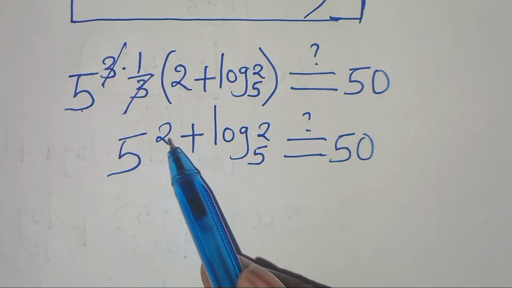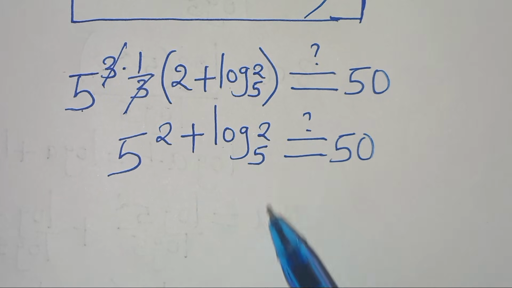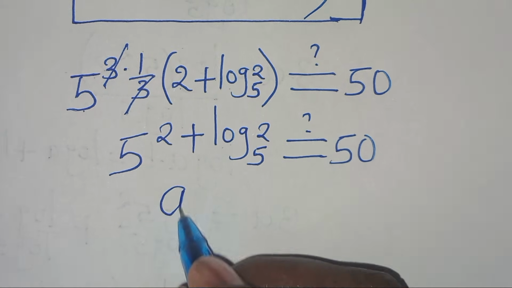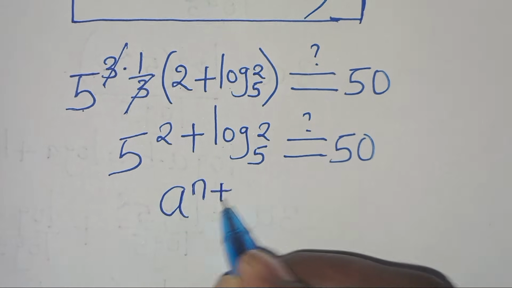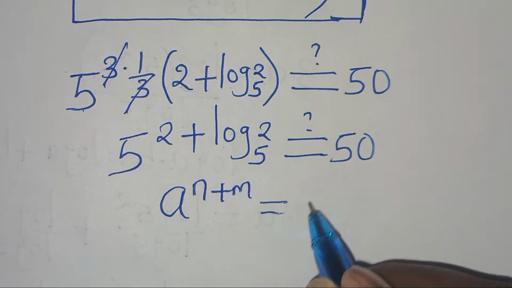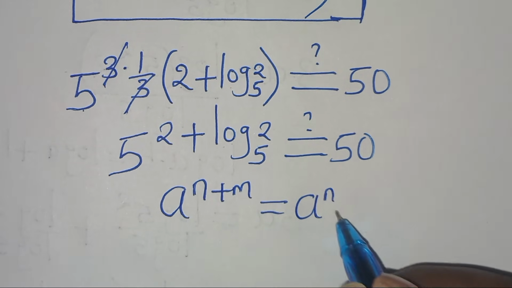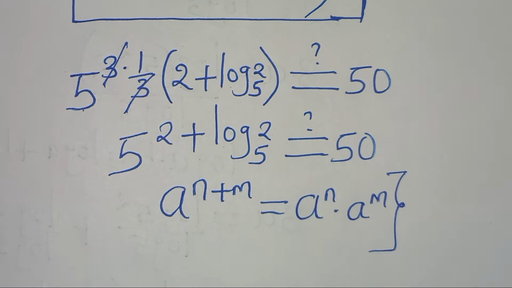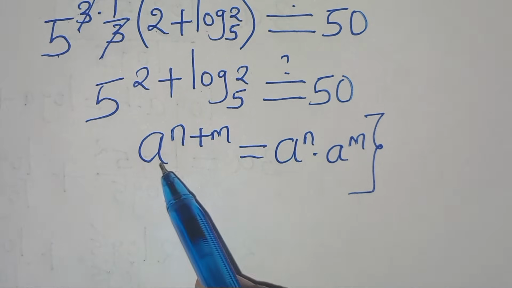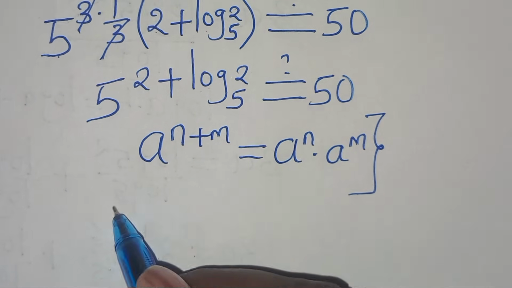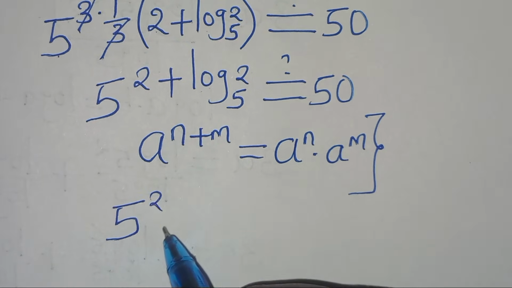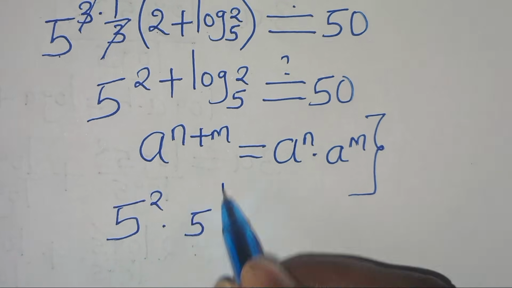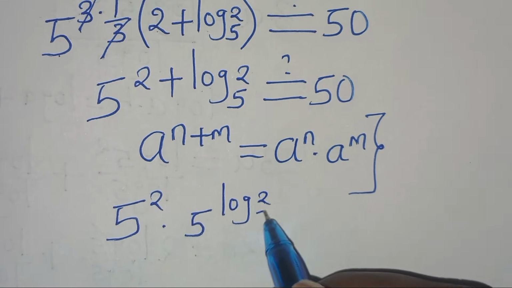So 5 to the power of 2 plus log 2 to base 5 is in the form of a to the power of n plus m, which we can express as a to the power of n times a to the power of m. Applying this exponent property, we have 5 to the power of 2 times 5 to the power of log 2 to base 5.